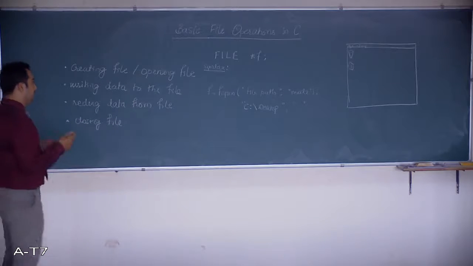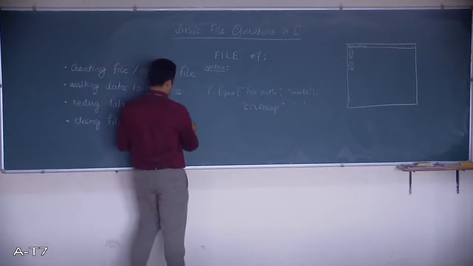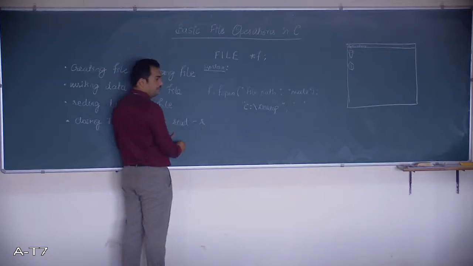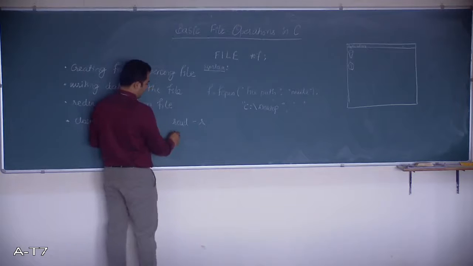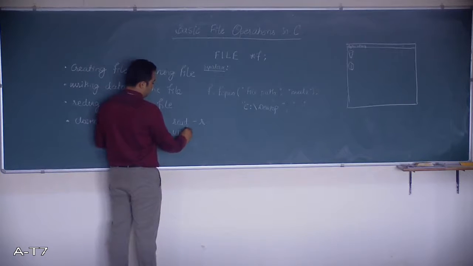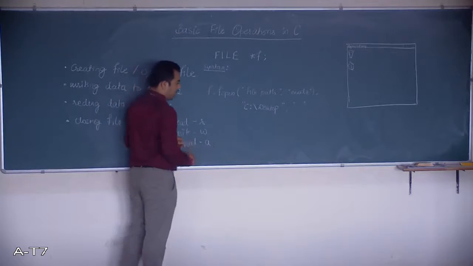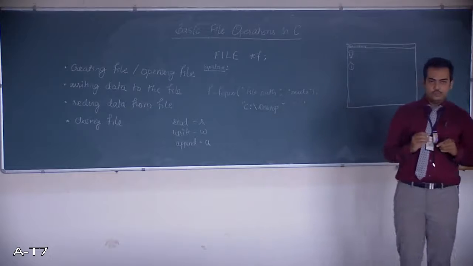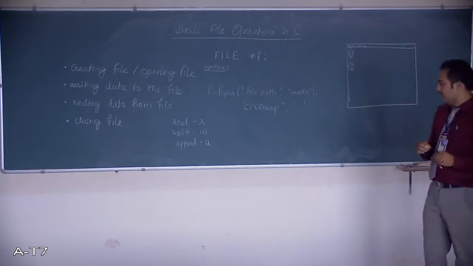So we basically have three kinds of file modes. Read mode, denoted with a small r, then write mode, and append mode. These are the three kinds of modes in which we can open the file.